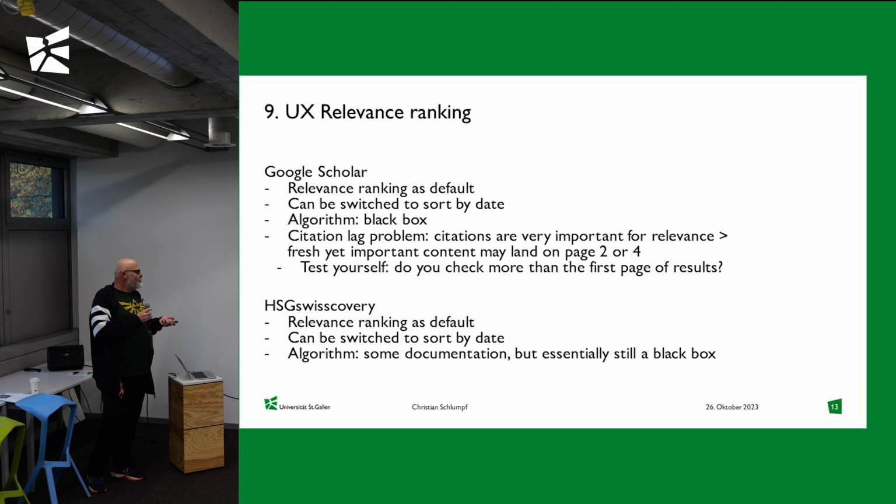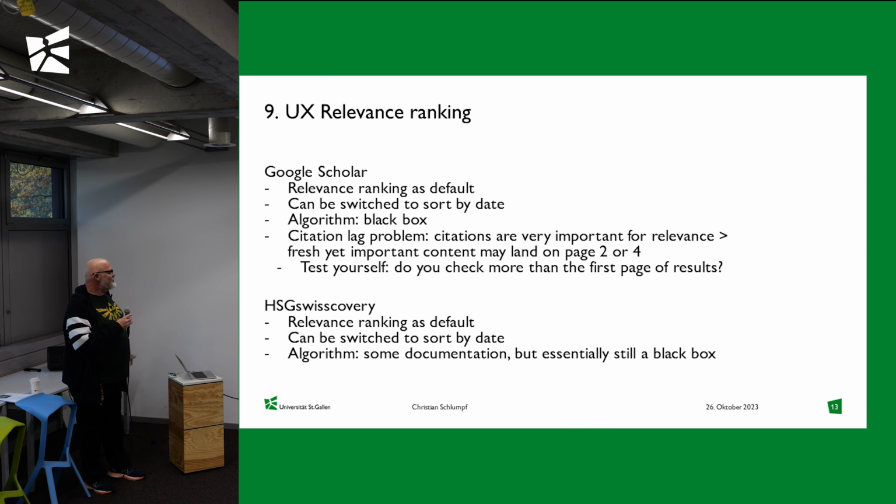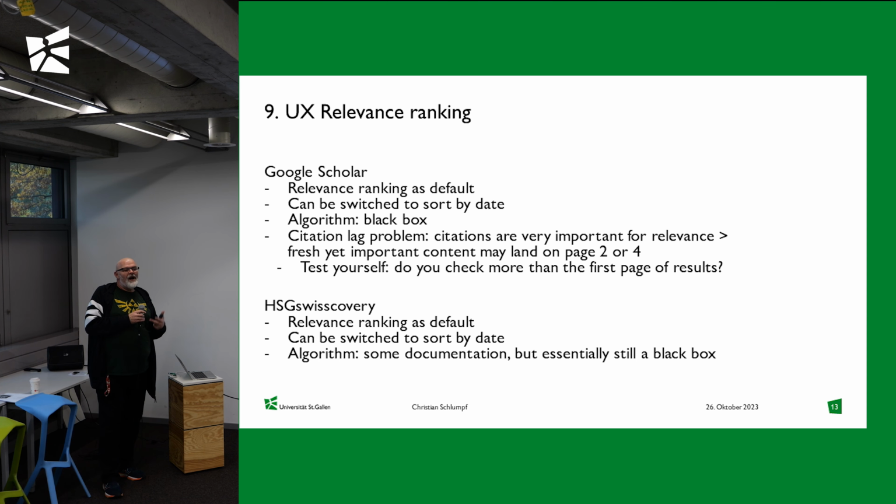The relevance ranking. There is not too much to say. Both systems are working with relevance ranking. It's the default. Manually, you can switch to date, so basically all the newest documents show up first. Why something ends up on the first page, that is a black box.